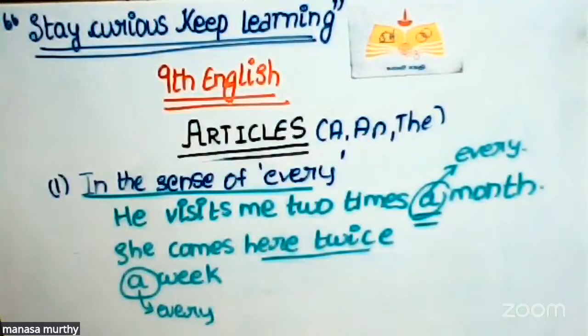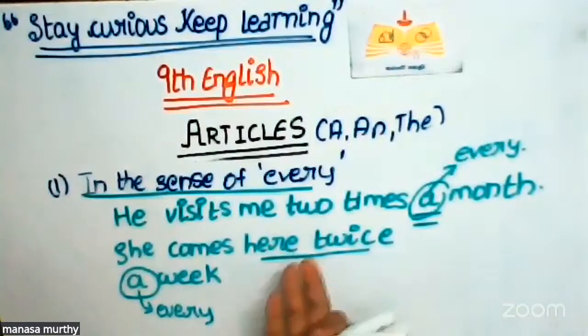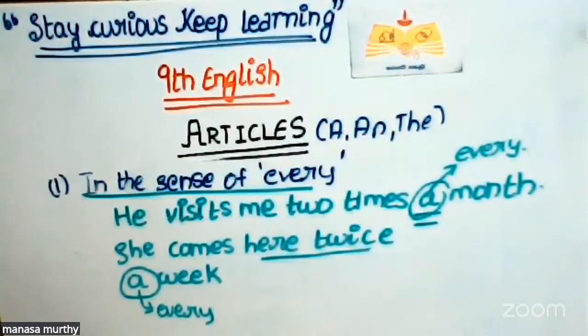All these days, you would have known that for a consonant sounded word, we use this article a. Apart from that context, we are using this article a for other situations as well. Shall we move on to article an?